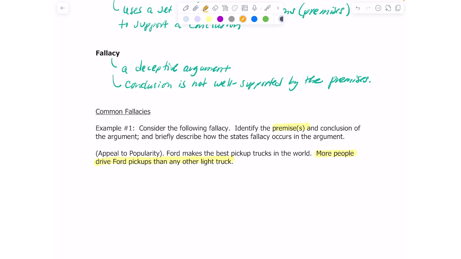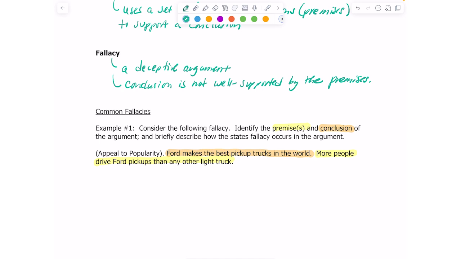So I'm going to highlight conclusion in orange. So the fact that there's large numbers of people that believe or act some way is used inappropriately, kind of like it's used as evidence that the belief or the action is correct. Okay, so that's why this fallacy is known as appeal to popularity.